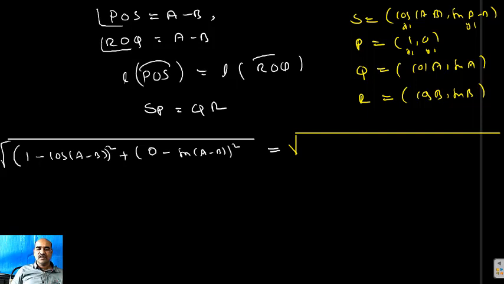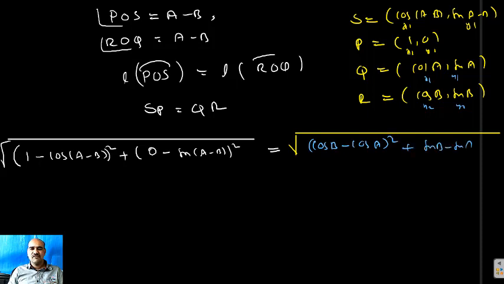What is the meaning of that, Nana? Here QR means, say this is x1, y1 and this is x2, y2, distance is x2 minus x1 whole square plus y2 minus y1 whole square, that is cos B minus cos A whole square plus sin B minus sin A whole square.